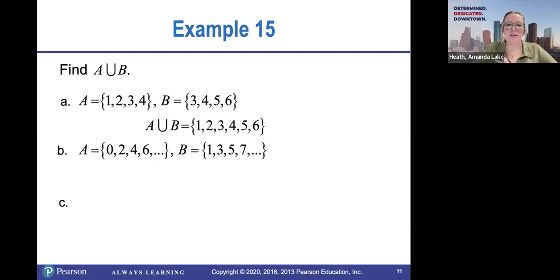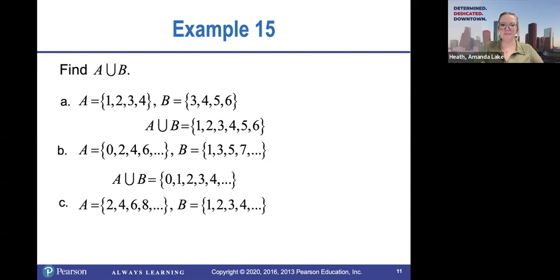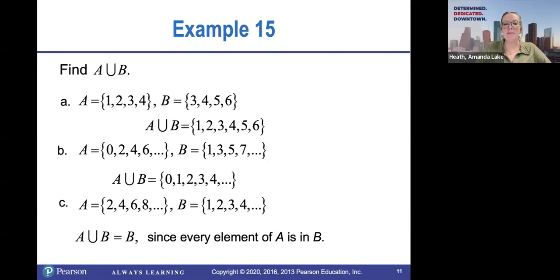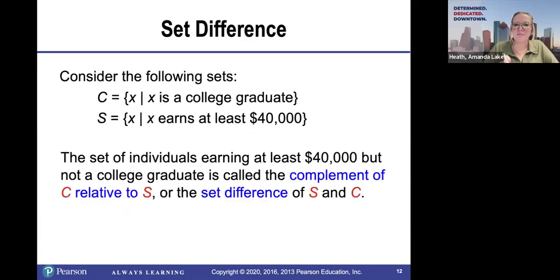So again, we have the even whole numbers and the odd whole numbers. So when we union those together, we'll actually get all of the whole numbers, which is just 0, 1, 2, 3, 4, etc. And then lastly, if we union the even numbers with the natural numbers, we're just going to get all of B because every element of A is in B. So all those natural numbers.